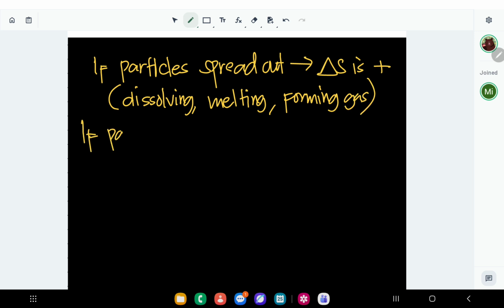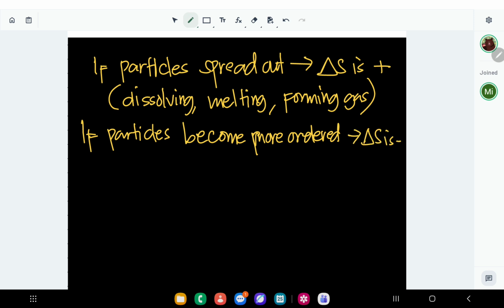If the particles become more ordered, or closer to each other, then delta S is negative. Examples would be precipitation, freezing.